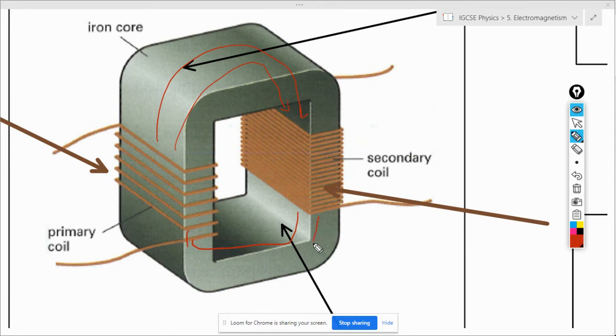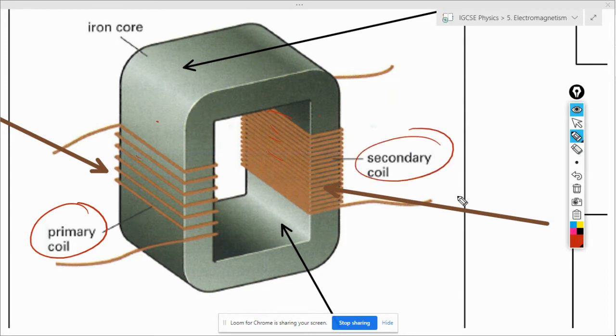It is not an electrical connection between the primary and the secondary, which means all of these wires would be insulated, so there's no electrical contact between these wires and the iron core. Again, the only thing connecting these two coils of wire is the magnetic field. That's what's transferring the energy from the primary coil to the secondary coil.